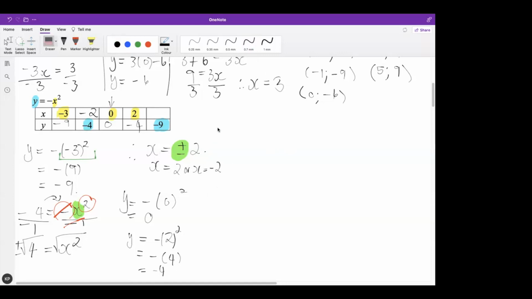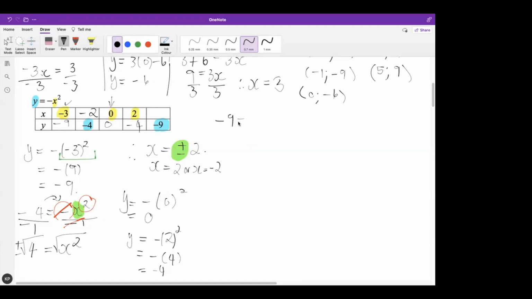Okay. And then the last one, negative 9, is our output. So then we're going to say negative 9 equals negative x squared. Yes, it is 3, Lesedi, and you could have gotten that just by inspection, because you could tell that the other negative 9 is with the negative 3. Do you see, guys?